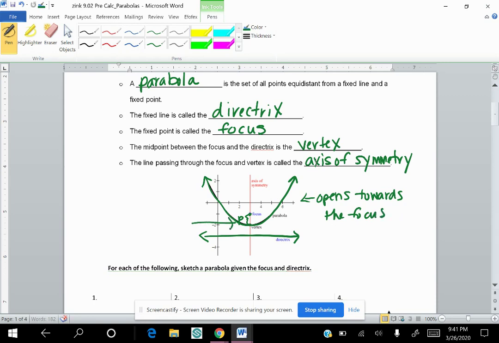And P is the distance between the focus and the vertex. In that case, it's also the distance between the vertex and the directrix, because the vertex is the midpoint between those two. So it's the same distance from the focus as it is directly to the directrix.